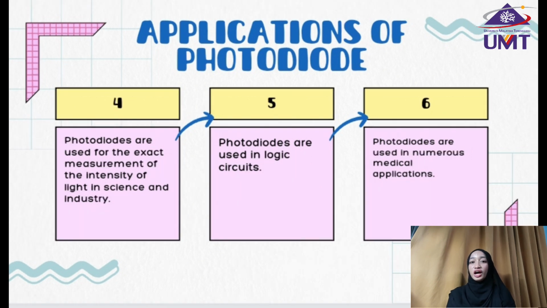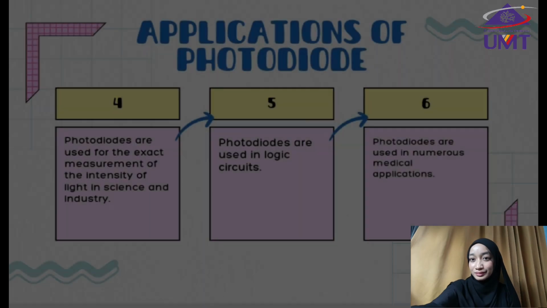Fourth, photodiodes are used for the exact measurement of intensity of light in science and industry. Photodiodes are also used in logic circuits. The last one is that photodiodes are used in numerous medical applications.